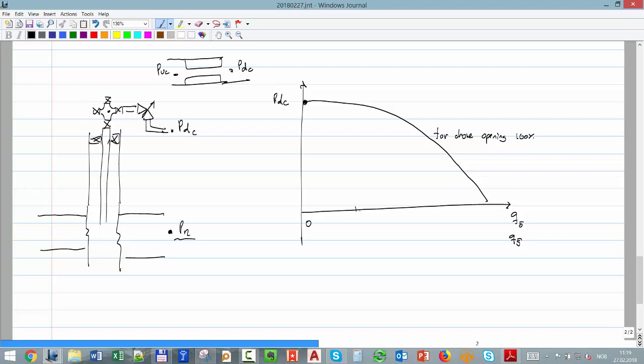But now I'm going to ask you, if I have a certain rate, Q star, and an open choke, I will get this pressure, this PDC star. And now if I close it to 80%, how should that pressure be? Should it be higher than that or lower than that?